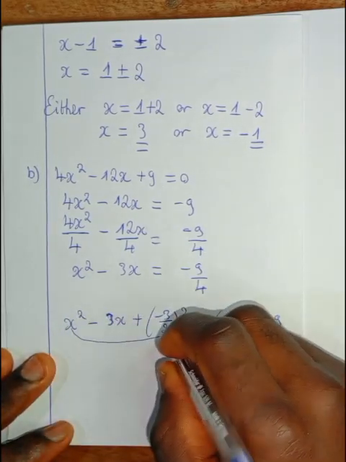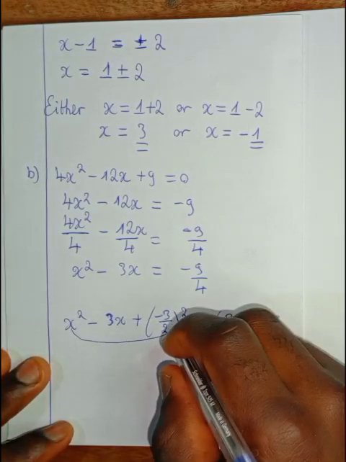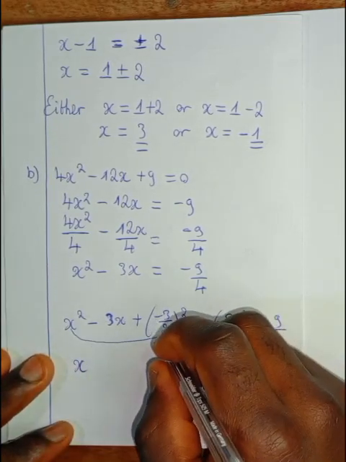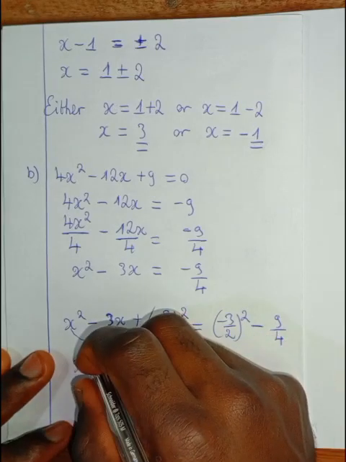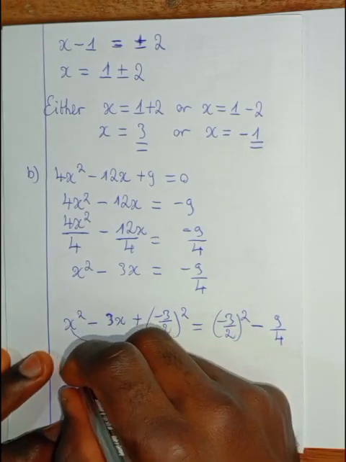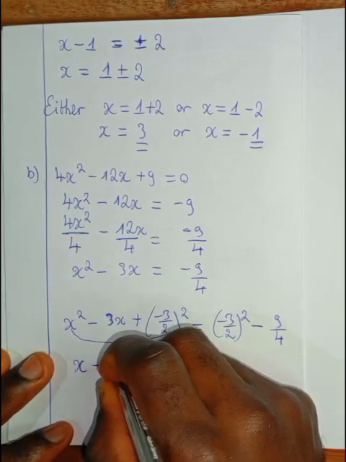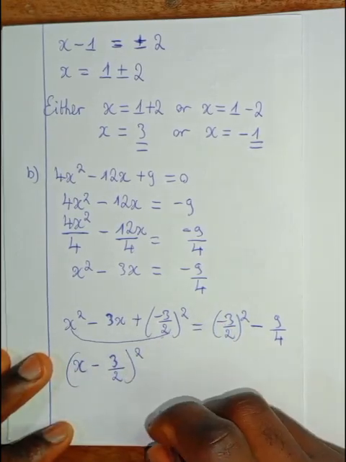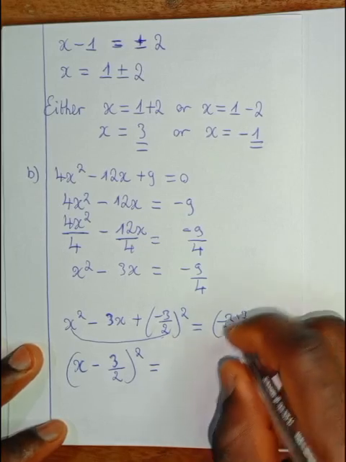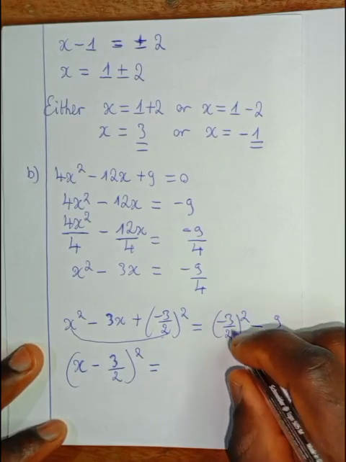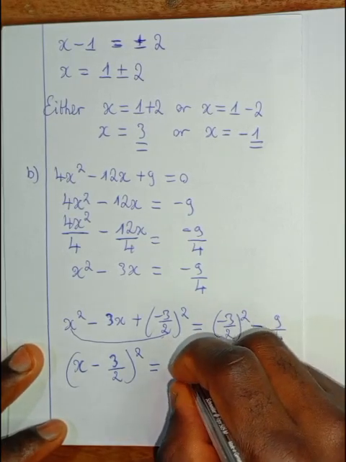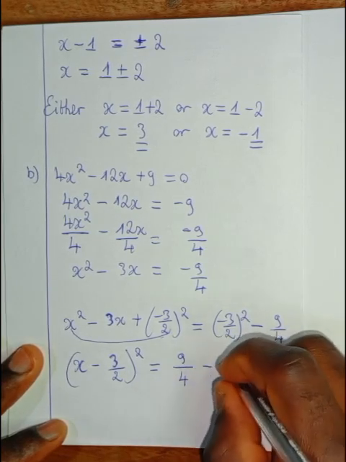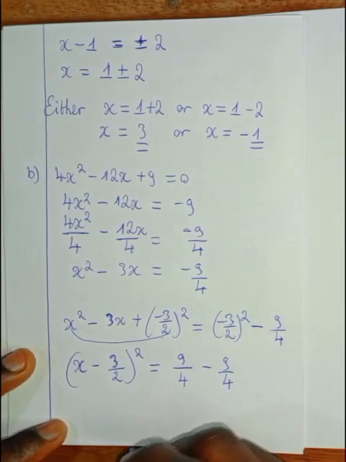This is a perfect square, and the factorization of this is simply x plus negative 3 over 2, all that squared, which is simply the same as x minus 3 over 2, all this squared, which is equal to, at the right hand side, we know negative 3 squared gives us 9 all over 2 squared gives us 4 minus 9 all over 4.